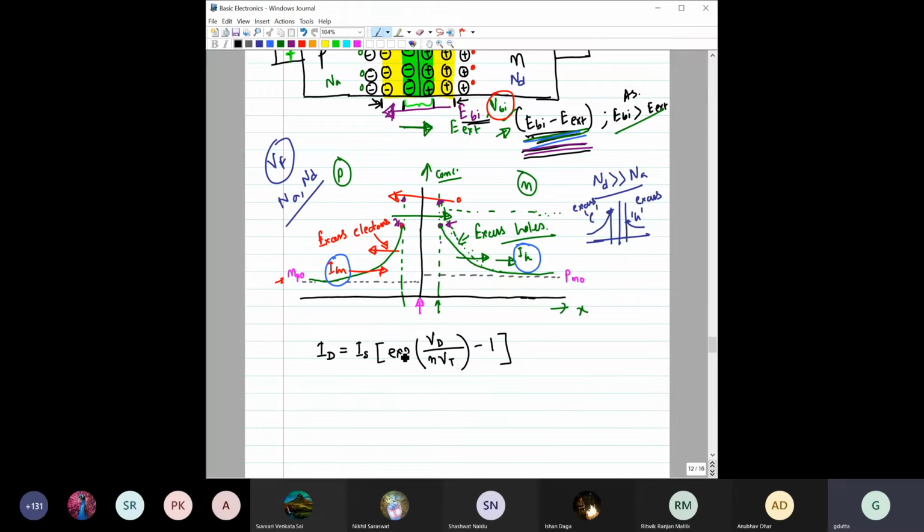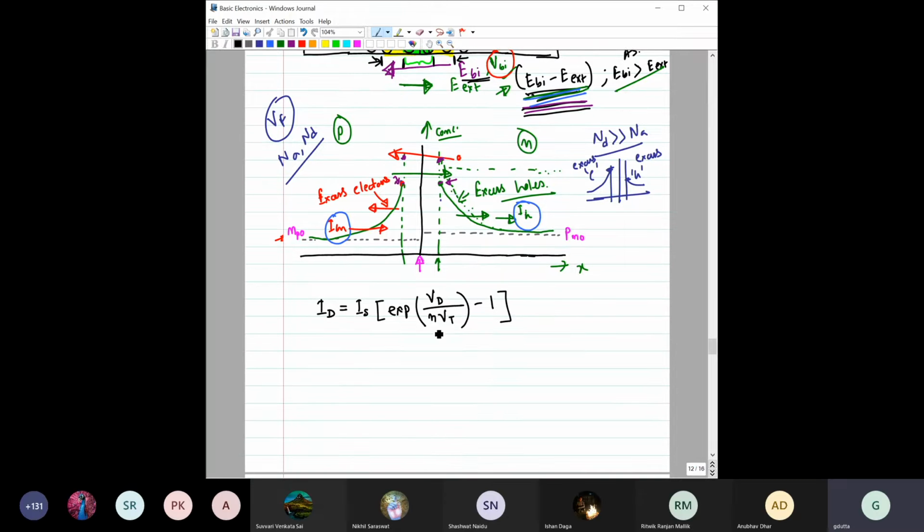This is called the diode current model. In semiconductors, a model means a mathematical equation which describes primarily the current-voltage characteristics of a device.